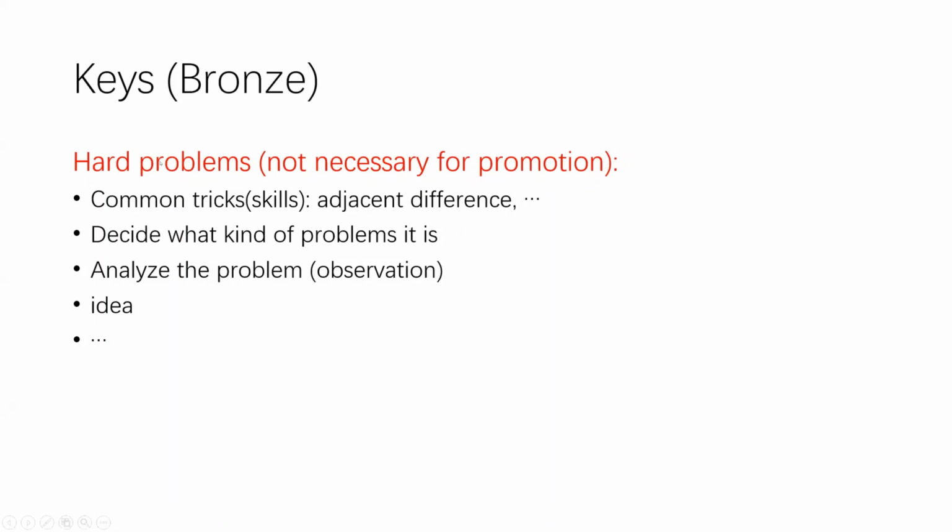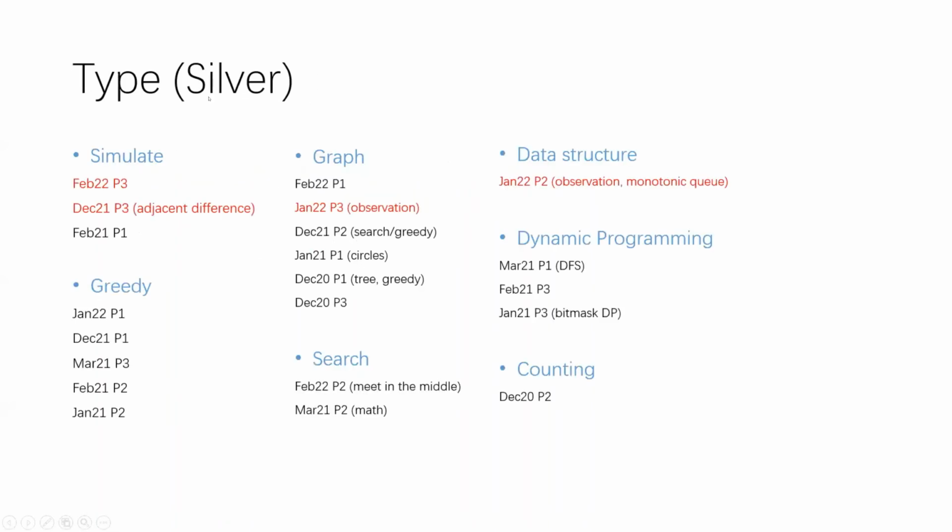Okay. And for silver, it is a little bit different from bronze because we have more types of problems. The first difference is we have many graph problems in silver, and the graph problems are even more than the greedy problems and the simulation problems.